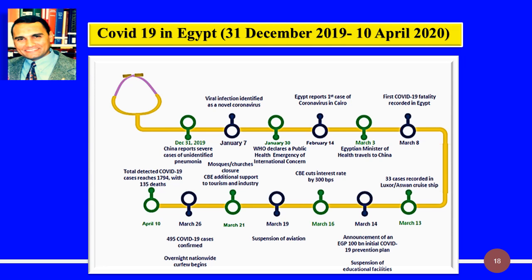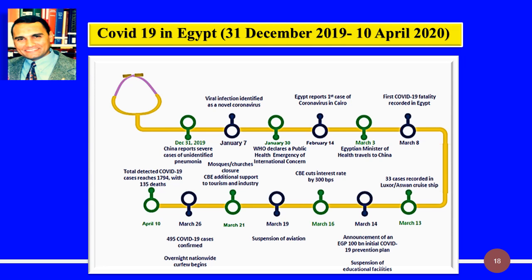On the 21st of March, mosques and churches were closed, with additional community support to tourism and industry. On the 16th of March, 495 COVID-19 cases were confirmed.